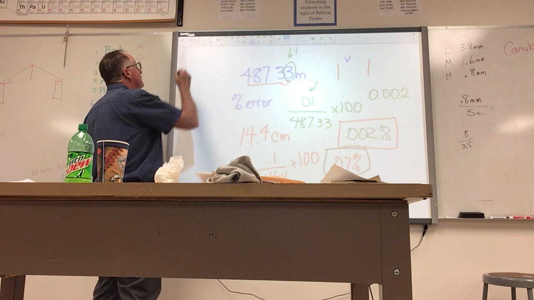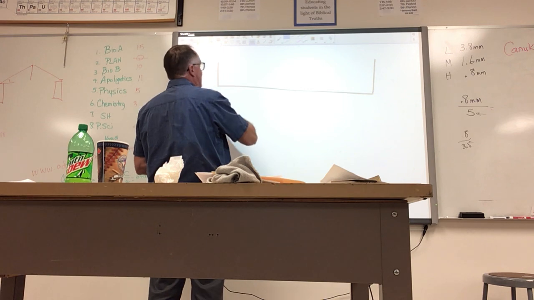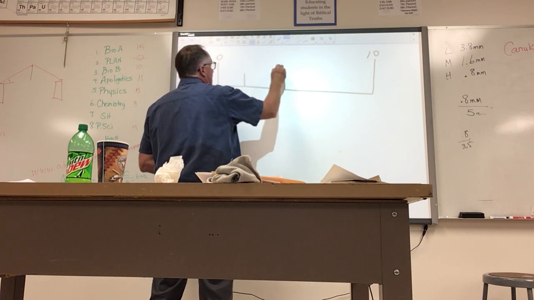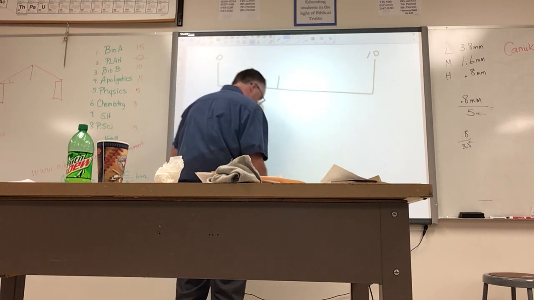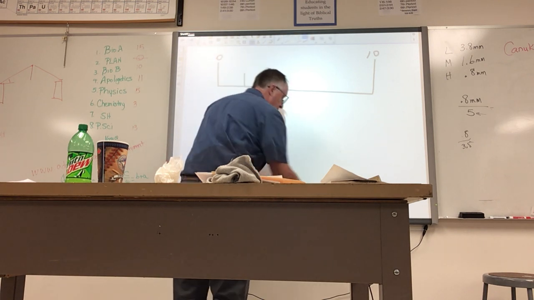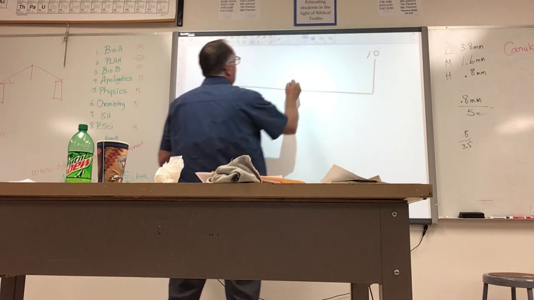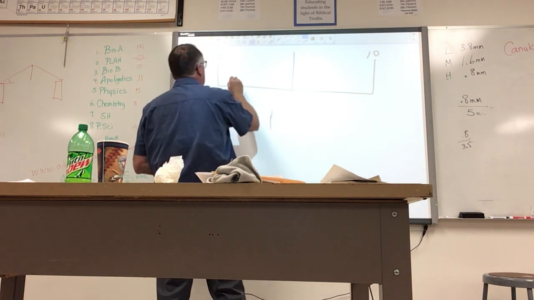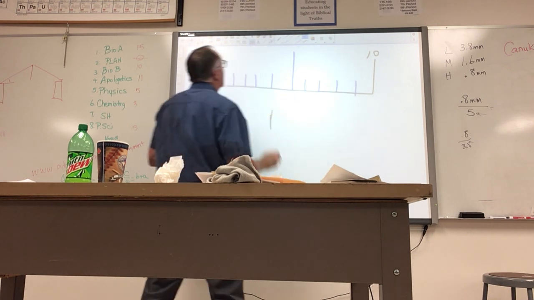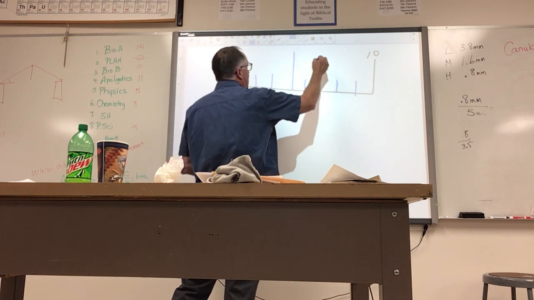Now, if you had a ruler, you can see that if we just had a ruler and we had 0, and this was 10, let's call this one 5. And so that's 10 centimeters, obviously blown up here.